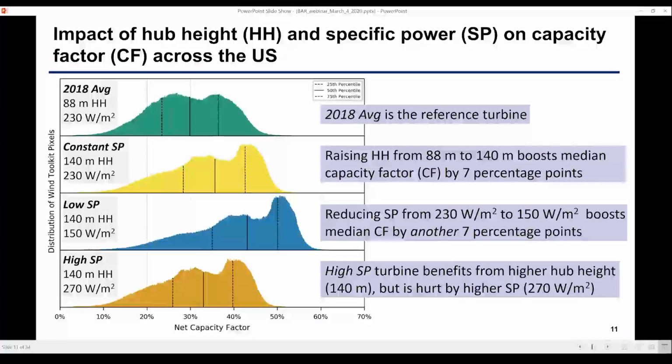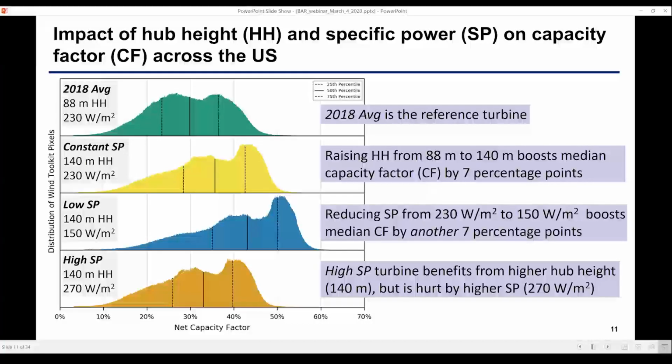The next, purple box down shows the results for the low SP turbine. This one shows the change in hub height, and also the difference between 230 and 150 watts per meter squared specific power, and that gives you another 7 percentage point change in the median capacity factor. I should note that the dashed lines, if you can't see it in the legend on the figure, represent the 25th and 75th percentiles within the distributions, and the solid black lines represent the median values.